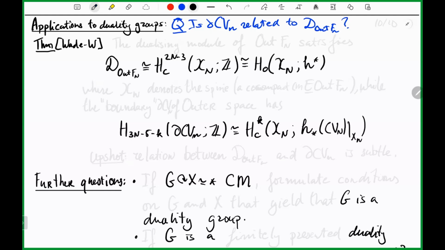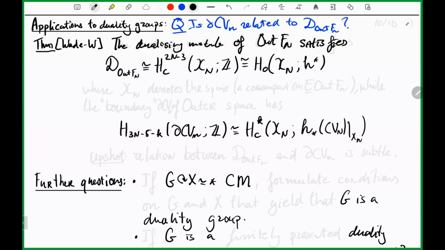And what we show in our paper is that the dualizing module of Out(F_n), or the appropriate finite index subgroup of Out(F_n), satisfies the following.